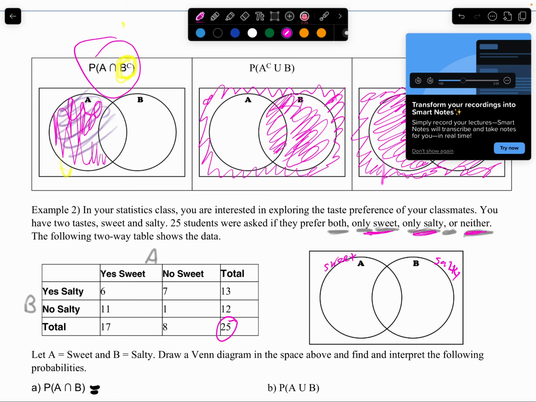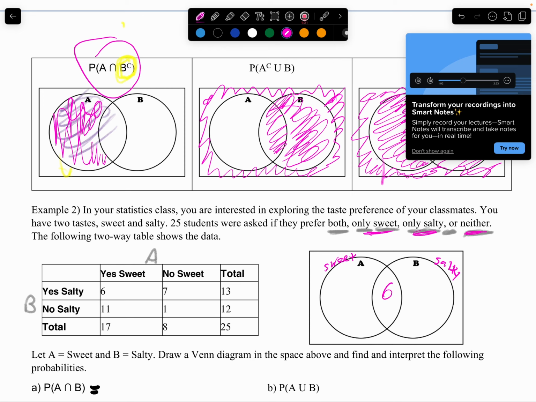It's a very good idea to do the middle first. It's a good habit. So let's do the intersection first. That would be yes, sweet, and yes, salty. How many people? Looking at yes, sweet, yes, salty, 6 out of 25. So 6 would be in the center.